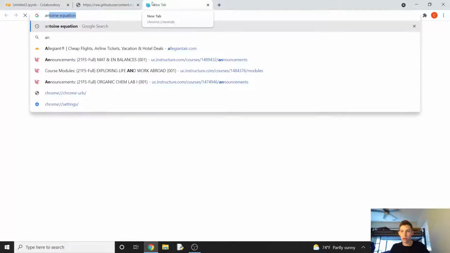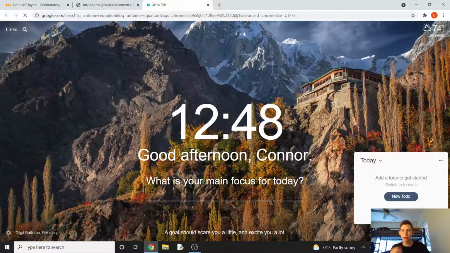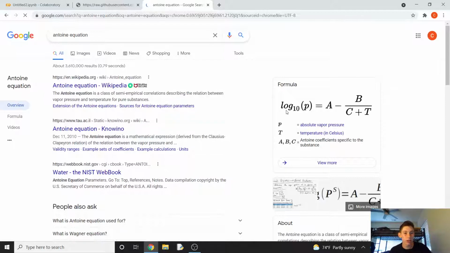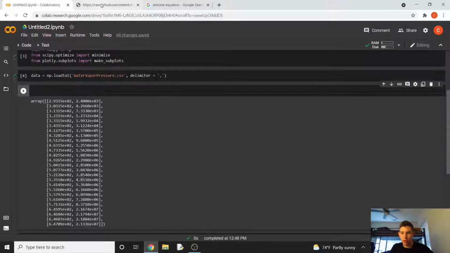We're going to be using the Antoine equation, which is here. It's the log base 10 of the vapor pressure, and that equals a constant A minus a constant B over a constant C plus T. Initially, the temperature will be just data, all of the rows, and the first column, which would be 0.